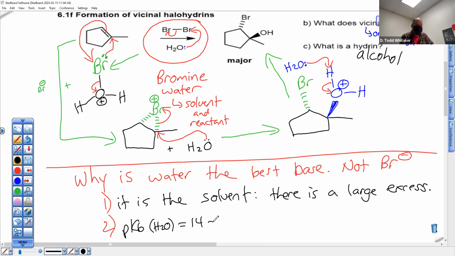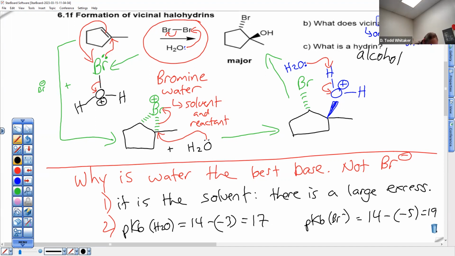Remember, the base has 1 less proton, the acid has 1 more. So water, add a proton, you got hydronium, -3. It's a bad base, but compared to Br minus, it's not as bad. 14 minus what number? HBr. Wow. 19. Lower number, stronger base.